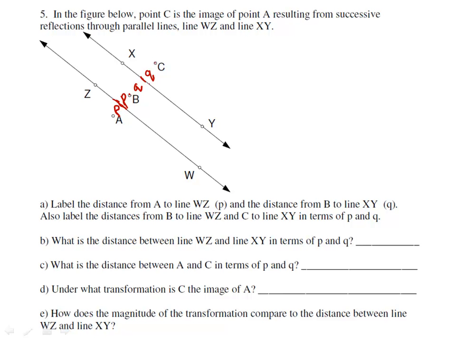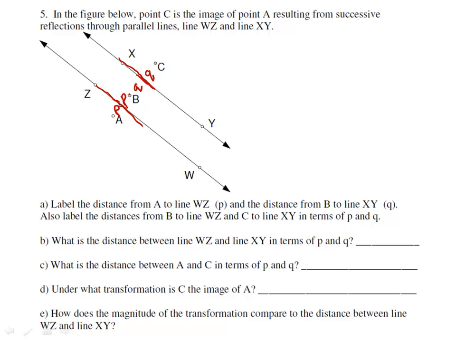What is the distance between line WZ and line XY in terms of P and Q? They want us to describe that distance using P and Q. They're talking about this distance here between the two lines.